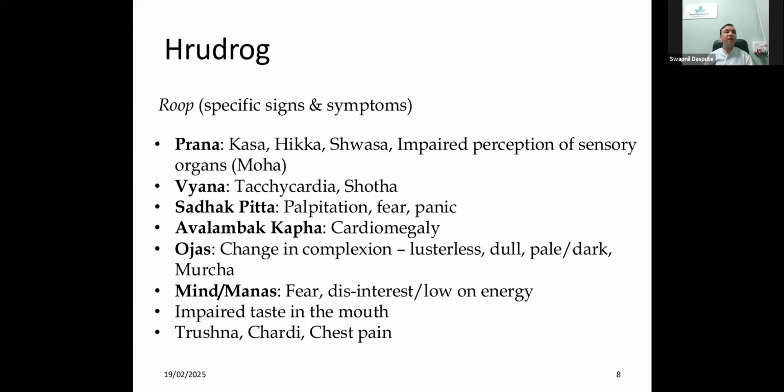Because of abnormality in Vyanavayu, tachycardia, Shotha. So tachycardia is when the heartbeat is faster, the number of heartbeats per minute is more. That is called tachycardia. The opposite is bradycardia, reduced number of heartbeats per minute.